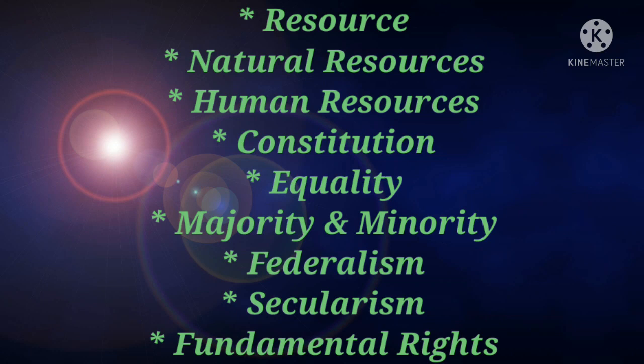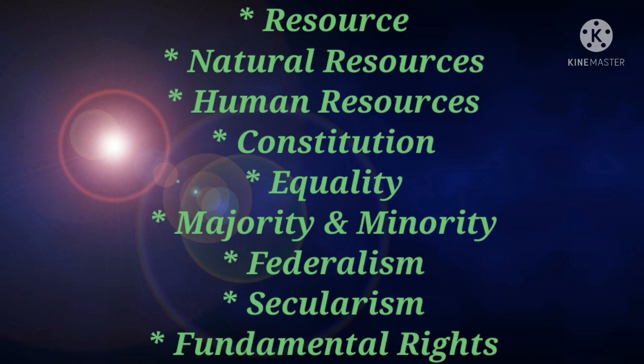Moving on to understand federalism. Students, what do you mean by federalism? The term federalism refers to the existence of more than one level of government in the country. Students, our constitution has provided for a federal form of government.